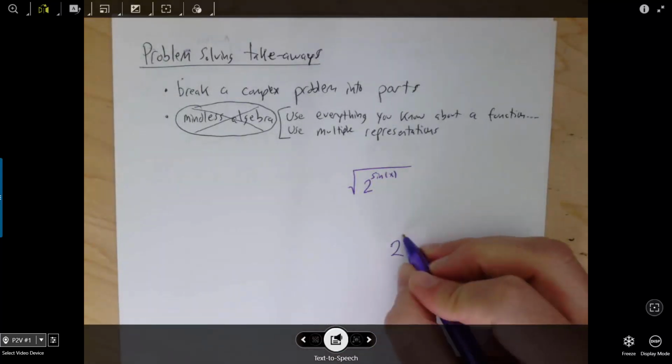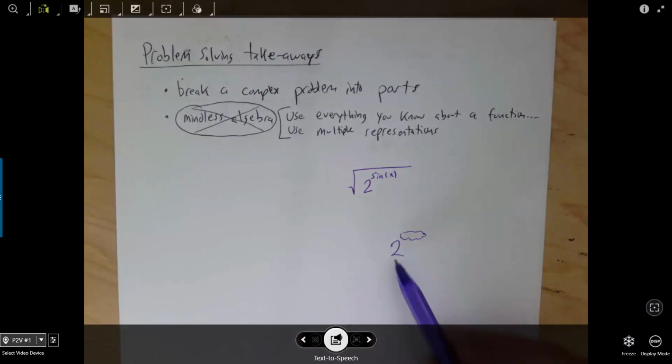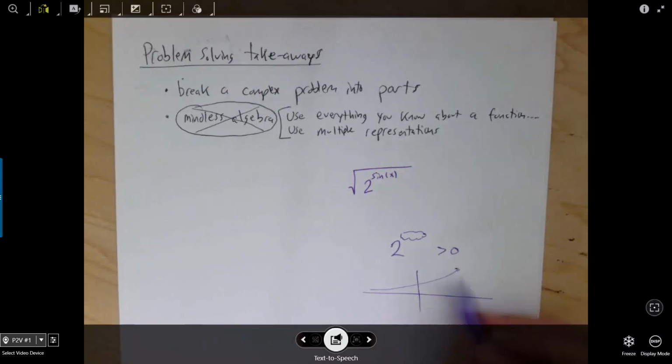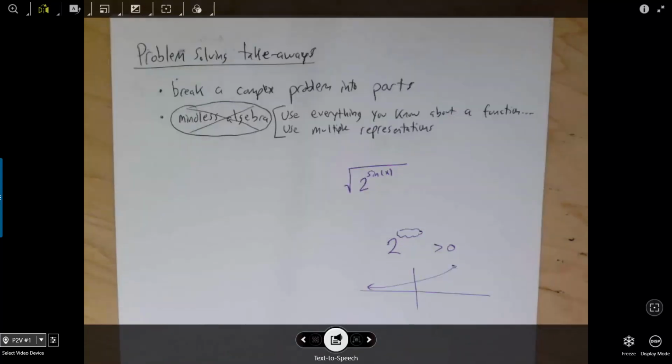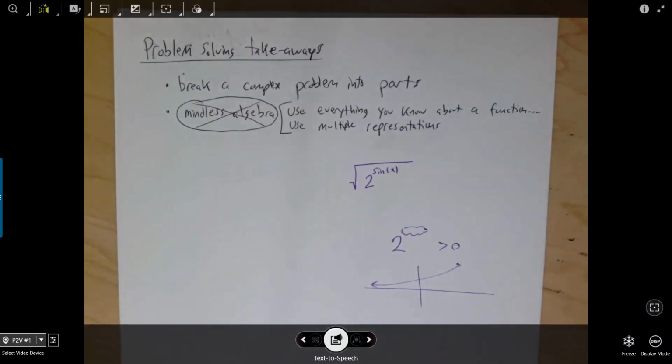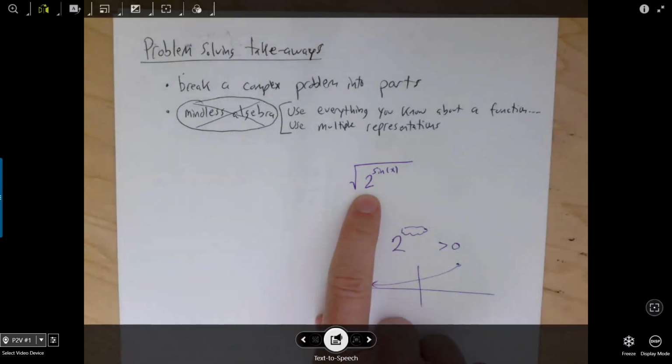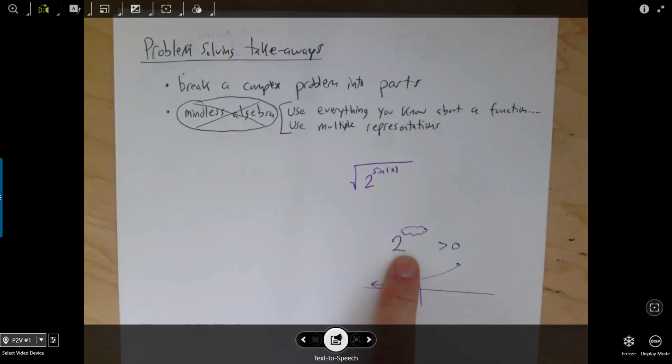Realizing that you can think about that as 2 to the something, and 2 to the something is always positive, or if you imagine its graph, 2 to the something has a shape like this. So really making connections between all of your different ways of recognizing important features of functions, because you never know in a problem whether it's going to be easier to attack it algebraically, or to think about it numerically, or to think about it graphically. All right, good luck.